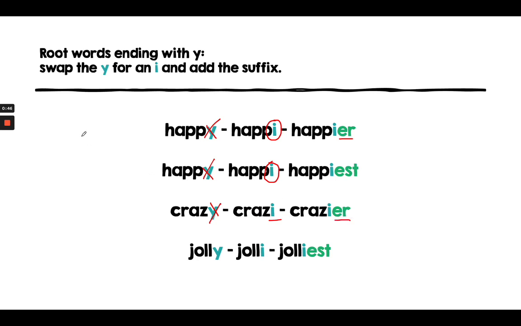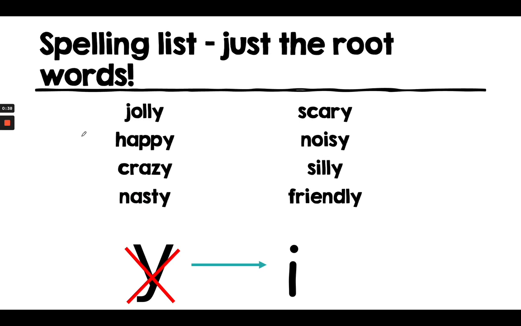So that's our rule. If you've got a root word that ends with the letter Y, swap the Y for an I and add the suffix, okay? So your spelling list, I've sent you the root words, okay? Jolly, happy, crazy, nasty, scary, noisy, silly, and friendly, okay? But you don't just need to learn the spellings of the root words.